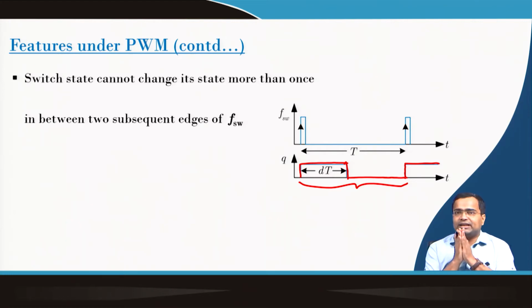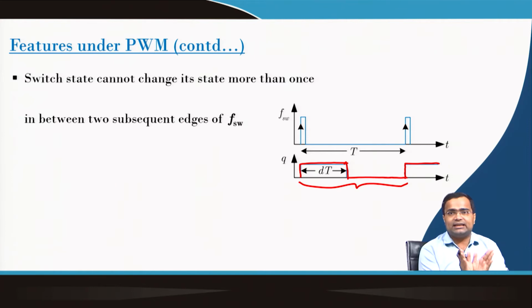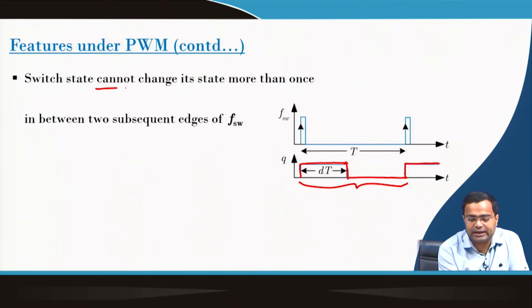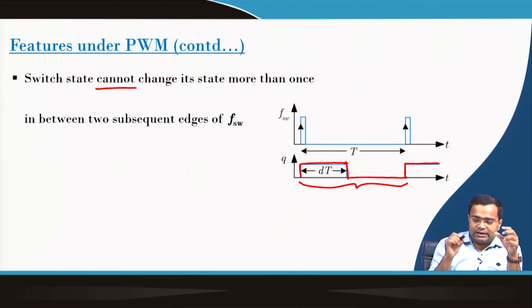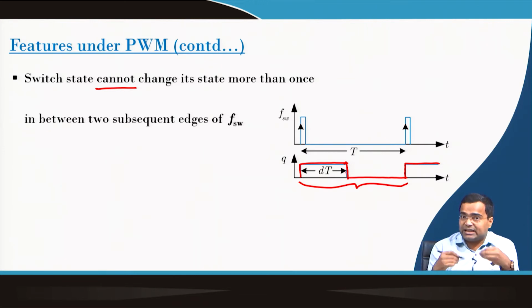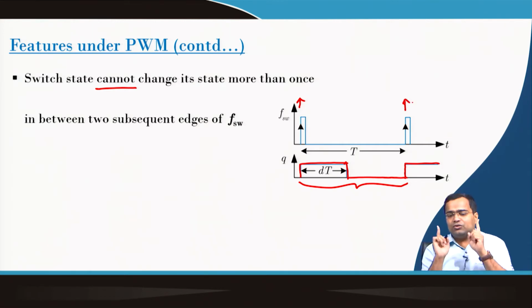We should not allow the switch to change its state more than once in a periodic interval. That means between these subsequent clock edges, it should change only once: it turns on and turns off. After it turns off, it should not turn on before the arrival of the next clock edge.